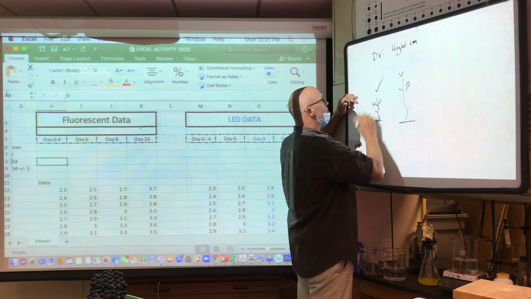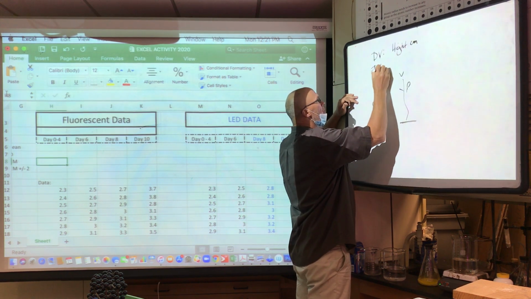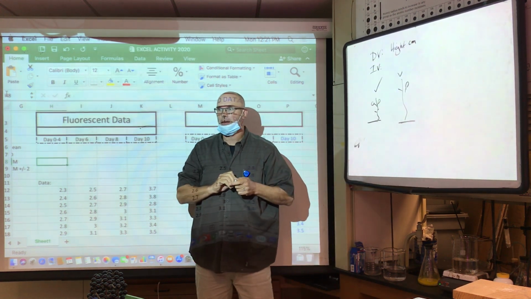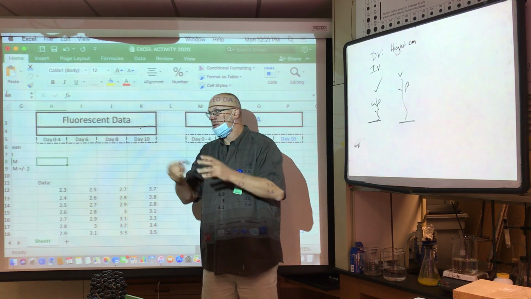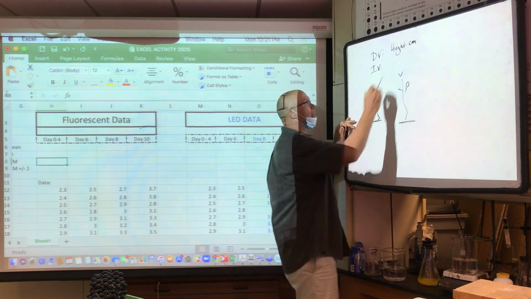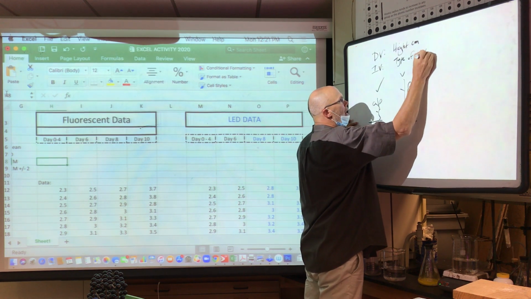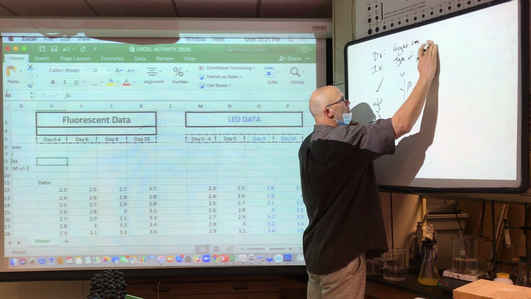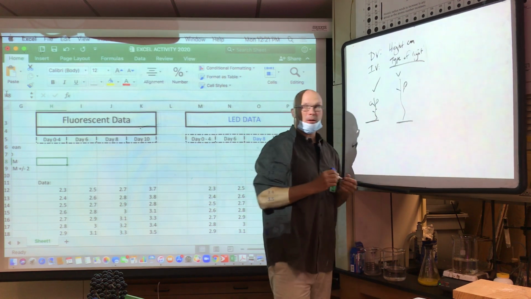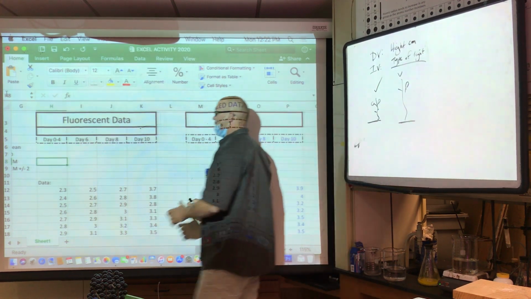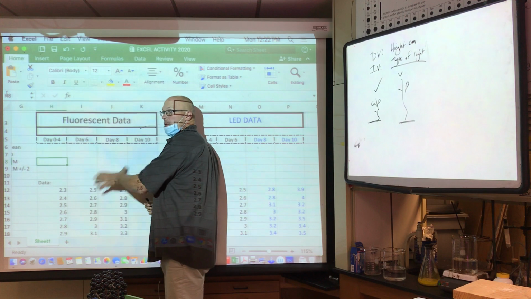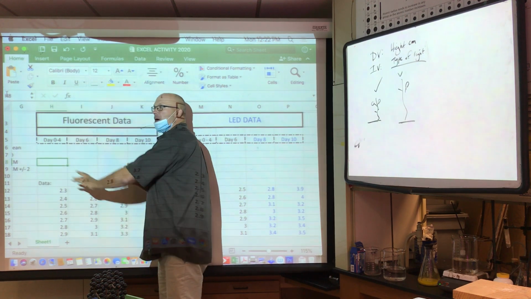Now, the independent variable is what? Height depends upon the type of light. We're kind of interested in the type of light, and I am too. Why am I interested? I'm interested because I know that these plants have the alleles to grow really well in that white light that contains all the spectrum.